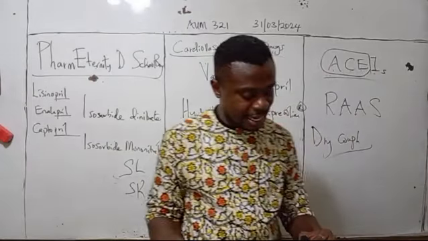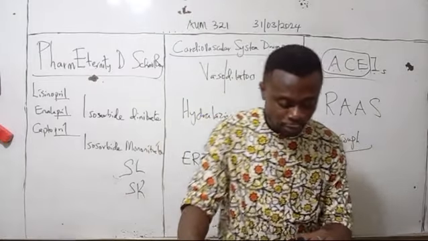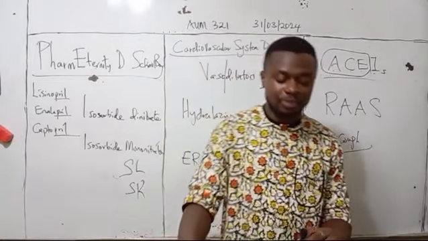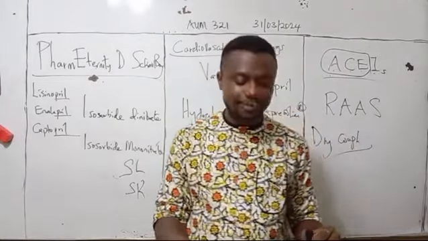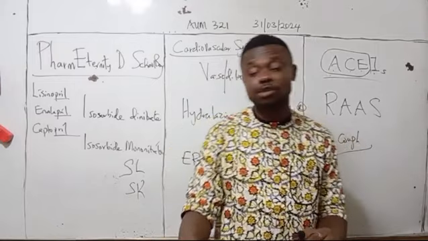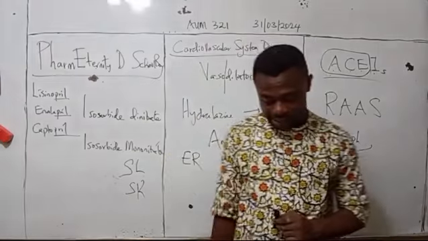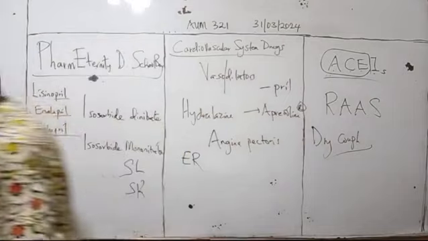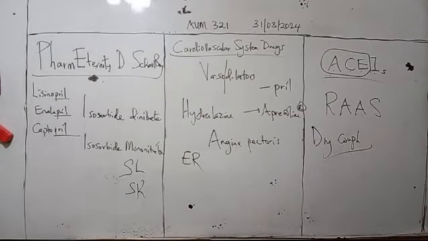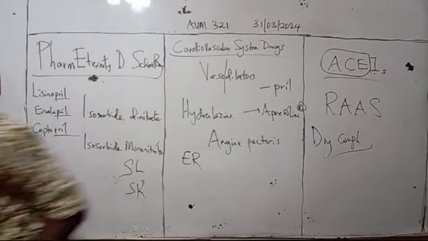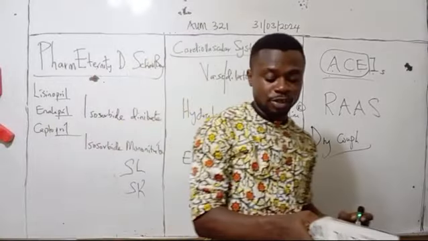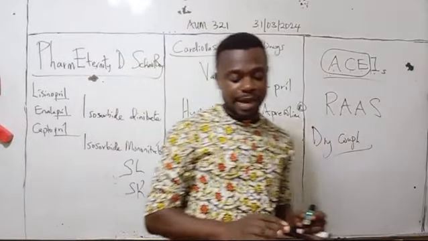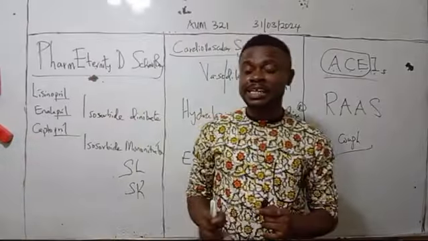So you have enalapril. I've talked about enalapril. I said that you can have it as 2.5 milligram, 5 milligram, 10 milligram, and 20 milligram tablets. You can use it 10 to 40 milligram daily.